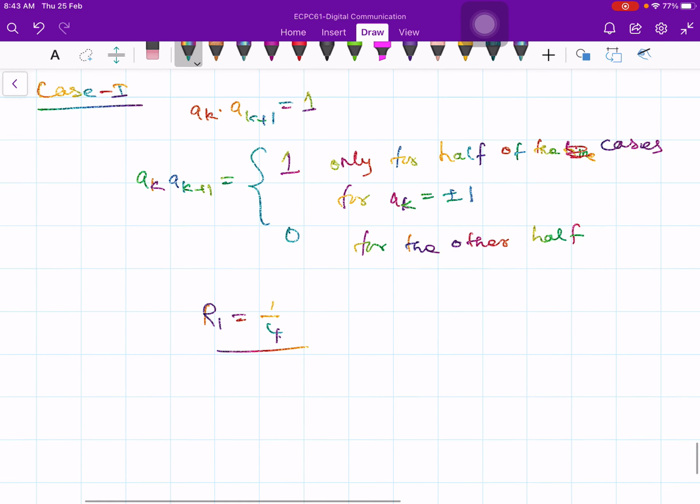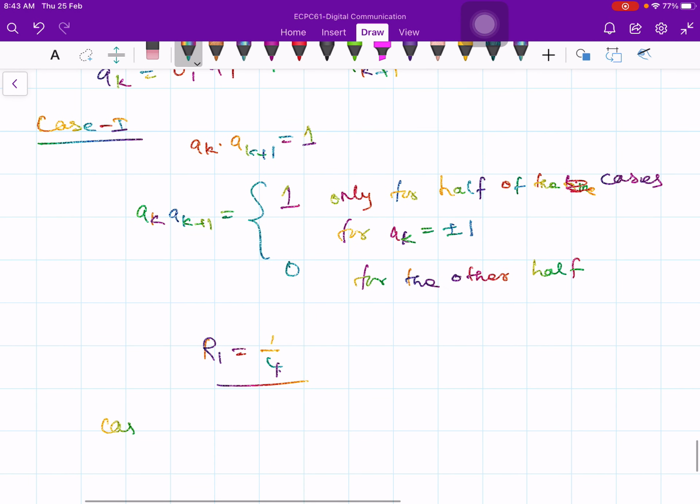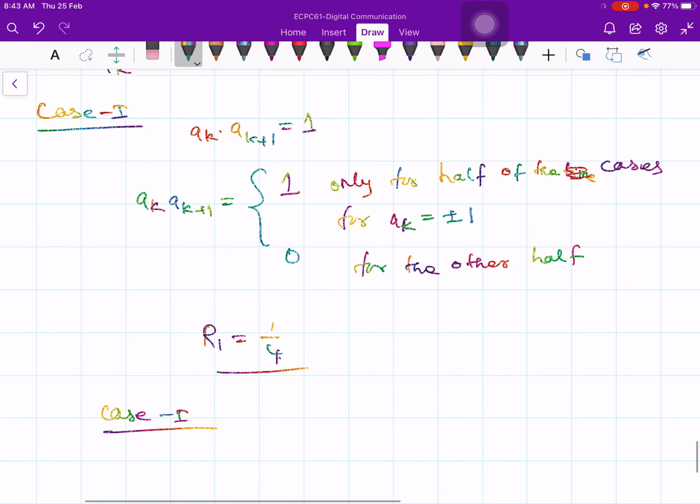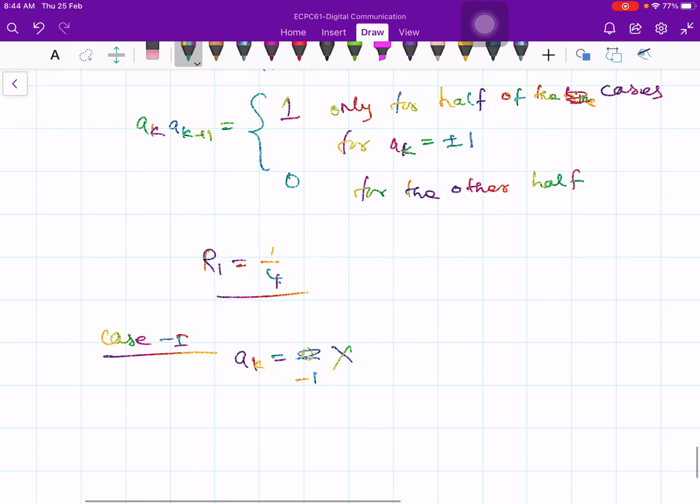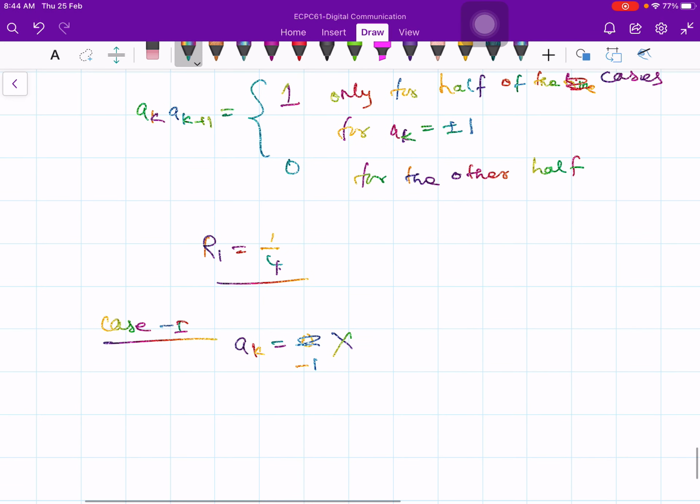Okay, now as I said, let me take case 1. Let me start with AK equal to, I can take 0, but if I take 0, then the product will be 0, no use. Don't consider AK equal to 0, it's useless. So let me start with minus 1. Suppose AK is equal to minus 1.